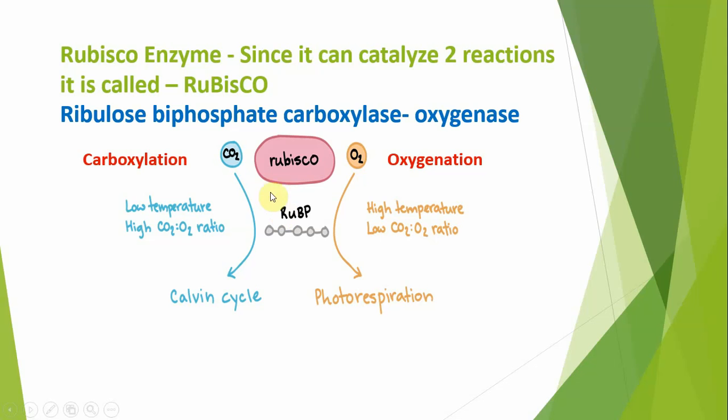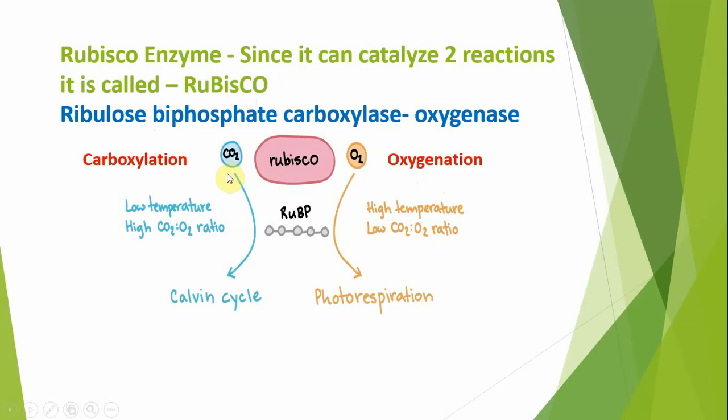Now you can see here, Rubisco enzyme can perform two functions, carboxylation and oxygenation. That is why it is called ribulose bisphosphate carboxylase oxygenase enzyme, or Rubisco enzyme.